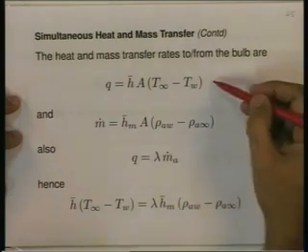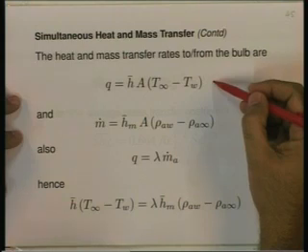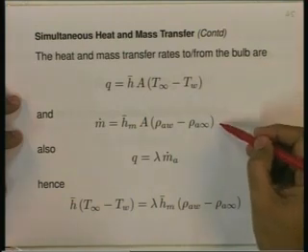So, this is the heat transfer rate from air to the bulb. This is the mass transfer rate from the bulb to the flowing air.